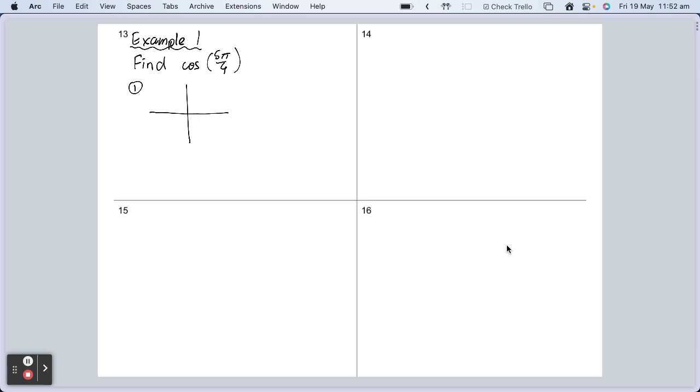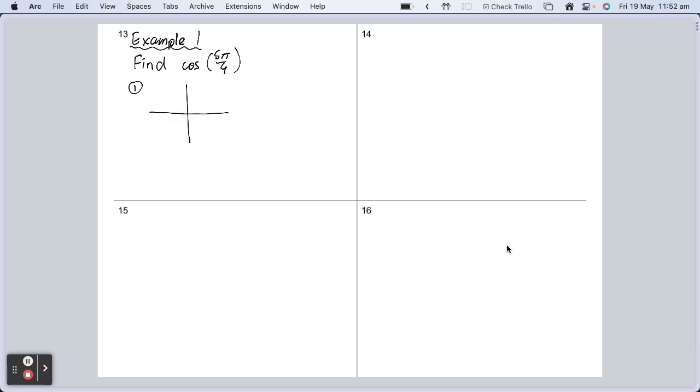So where is 5 pi on 4? What you have to get really good as a method student is, again, your fraction work and understanding which quadrant we're going to land on. So 5 pi on 4 is 4 pi on 4 plus another pi on 4, right? So you split up that 5 pi on 4 to pi, 4 pi on 4, plus pi on 4. So we've got our angle, being here.